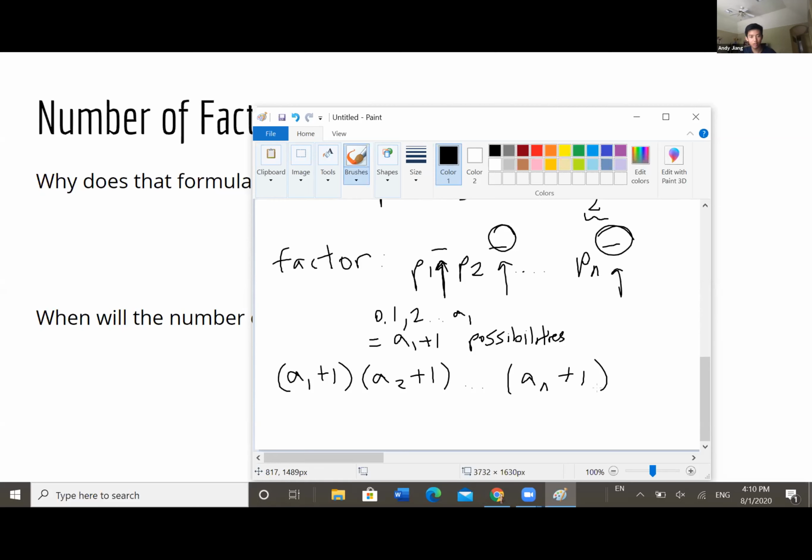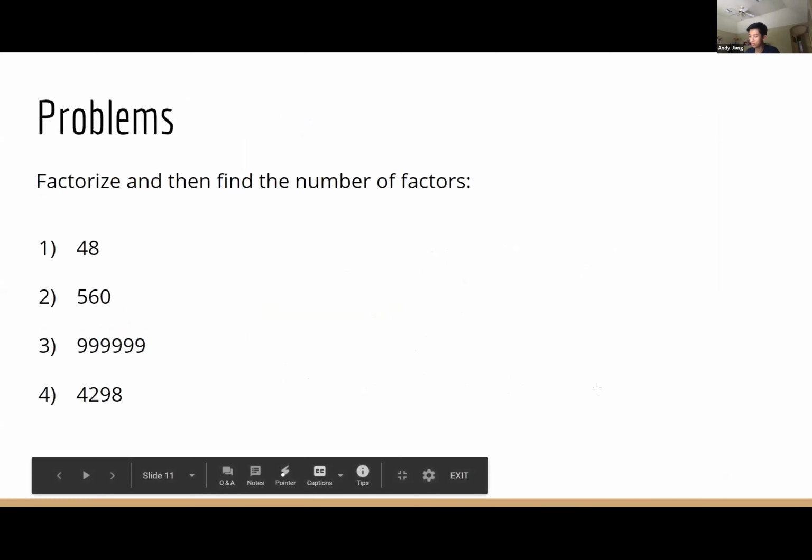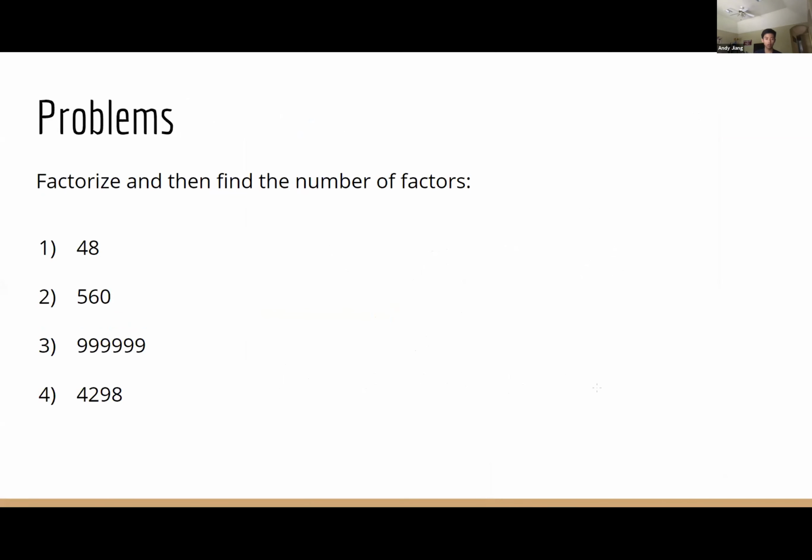Okay, any questions? Cool. So let's try it out. Factorize these and then find the number of factors. I'll give y'all a minute and a half to do this.